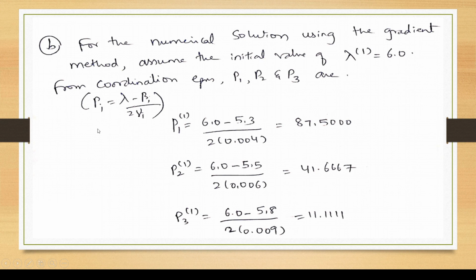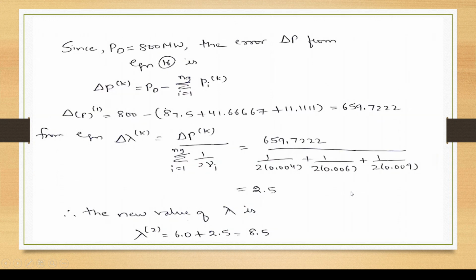6. Substitute lambda equal to 6 in this equation, with all other things the same: beta 1, beta 2, beta 3 as they are, gamma 1, gamma 2, gamma 3 as they are. So we get new P1, P2, P3 as 87.5, 41.667 and 11.1111.